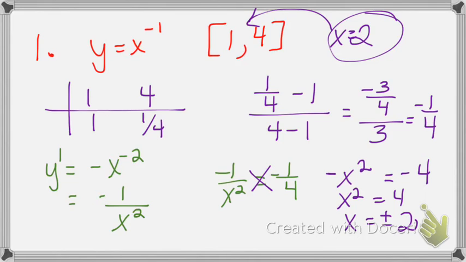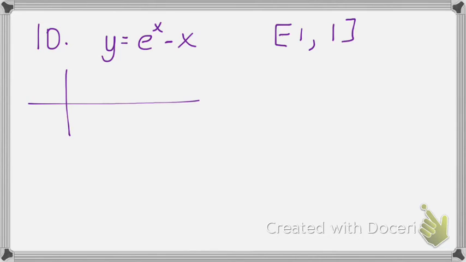We'll do one more. Let's do number 10. y equals e to the x minus x, and they give us an interval of -1 and 1. On these problems, they're already telling us that the mean value theorem works. So here's what we have for the x's and the y's.